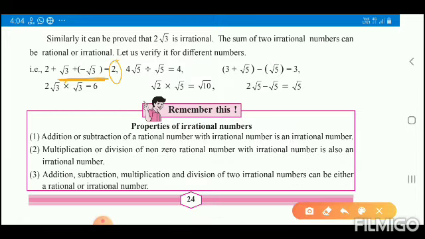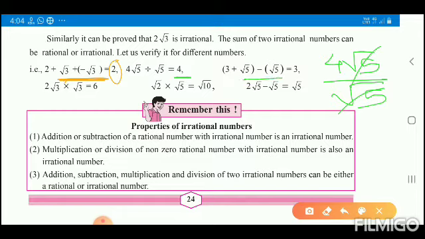Okay. Now next they gave 4 root 5 divided by root 5. This way also you can write it, 4 root 5 upon root 5, root 5 and root 5 cancel, and what remains? 4. Next they gave 3 plus root 5 minus root 5. Now look, root 5 minus root 5 will cancel. What will you get? 3.